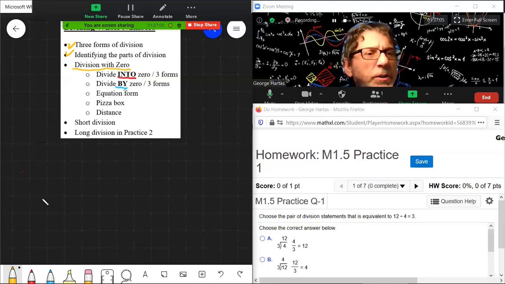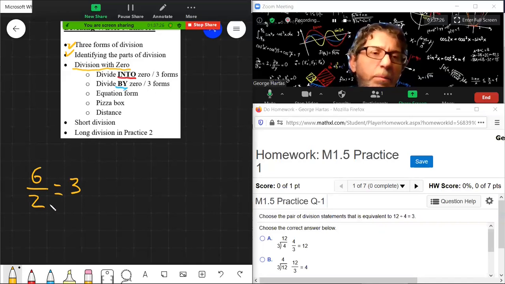All right, so let's give an example here where we have 6 divided by 2 is 3, correct? 6 divided by 2 is 3. And we can check that by doing some multiplication.